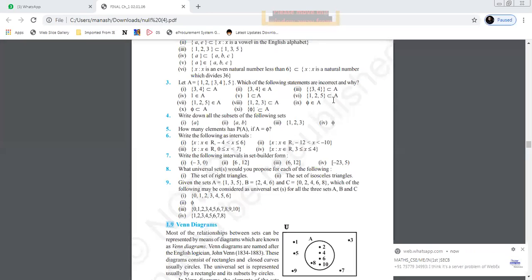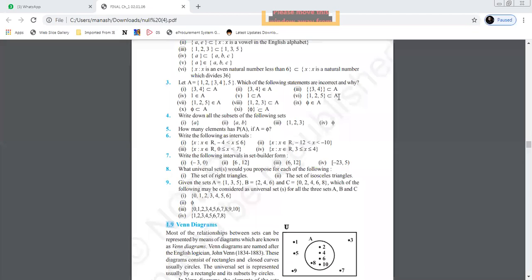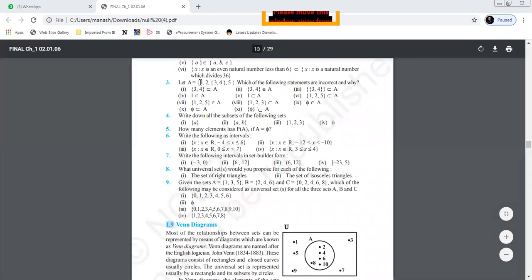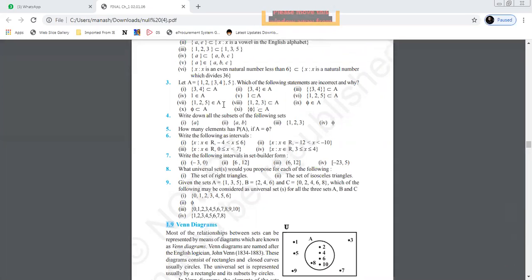Again, {1,2,5} subset of A, this one is true or not? True, sir. It is true because this set {1,2,5}, when we give these curly brackets, it represents a set and it is a subset of A. Now the next one, {1,2,5} belongs to A, this one? True, sir.